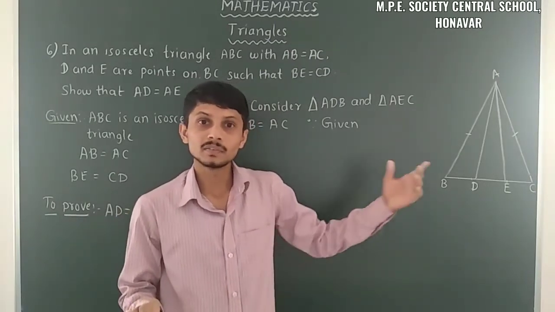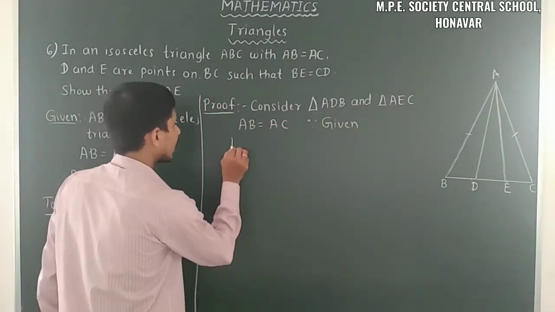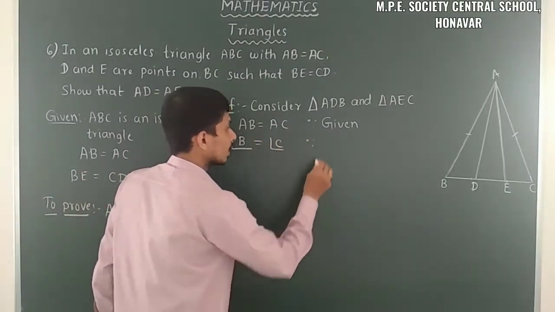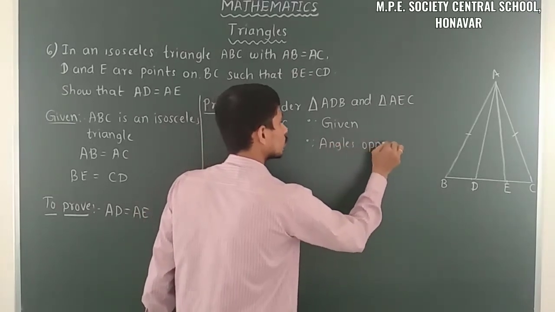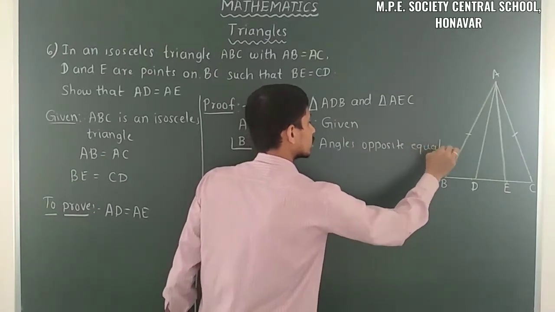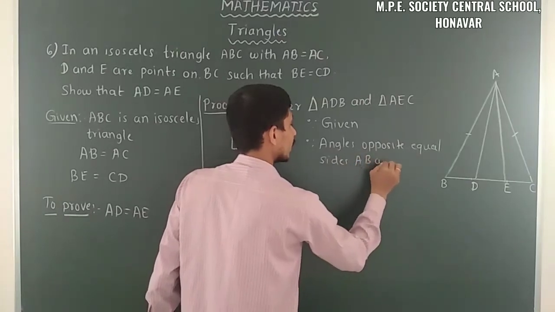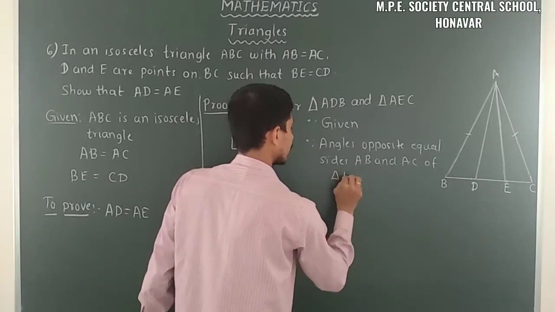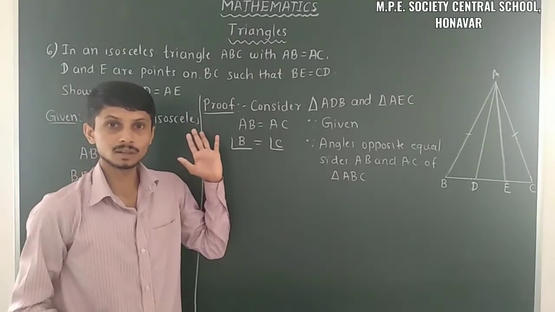So we can take angle B is equal to angle C, because angles opposite to equal sides AB and AC of triangle ABC are equal.